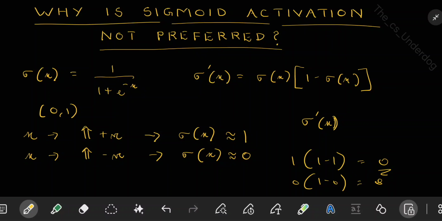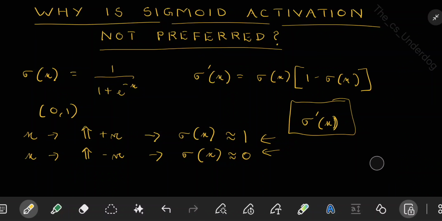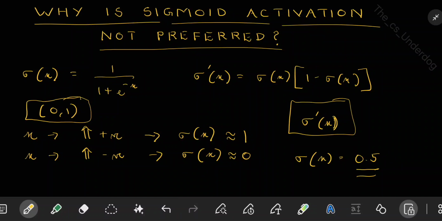That means the derivative takes the largest value somewhere else, not at sigmoid equal to 1, not at sigmoid equal to 0. Instead, if you look at this carefully and analyze, you will understand that it will take the largest value when sigmoid is equal to 0.5. That is, when it takes the value right in the middle of its range, the derivative sigma dash of x will take the maximum value.